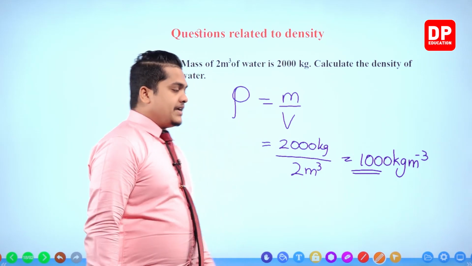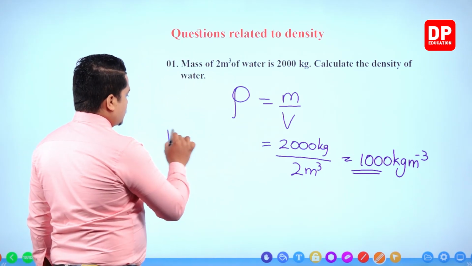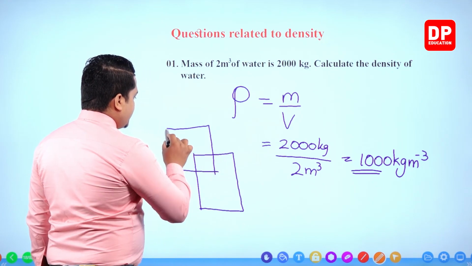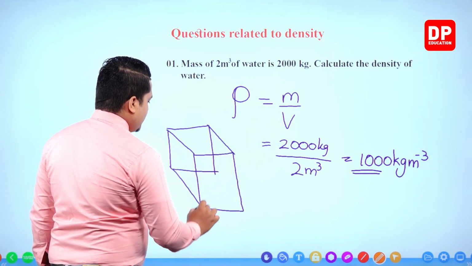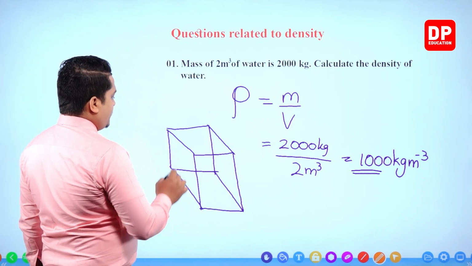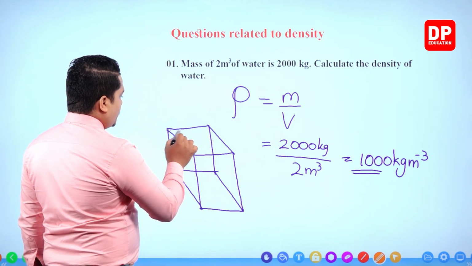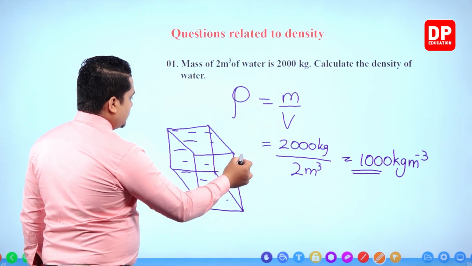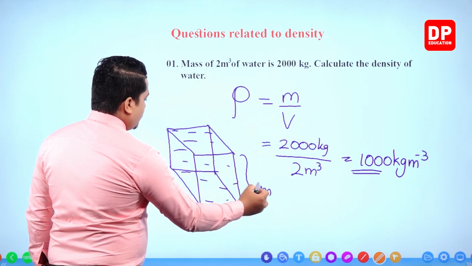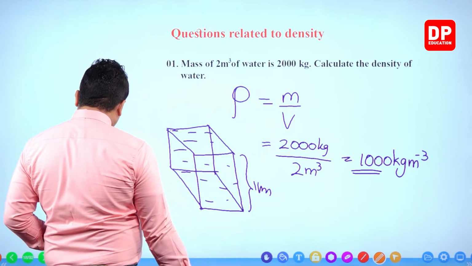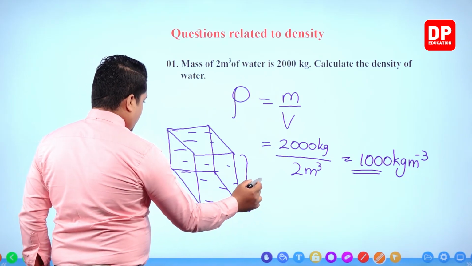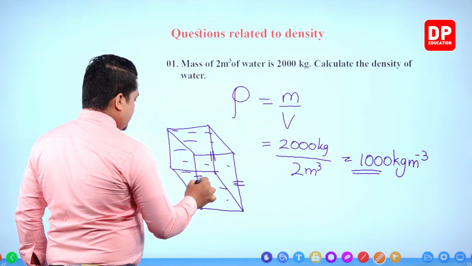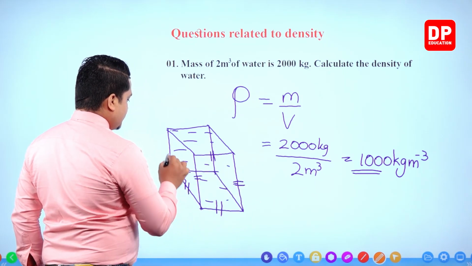For a simple idea, if you take a box like this, box means a cube, and you pour water to the topmost level of this container, let's take that these sides are identical.